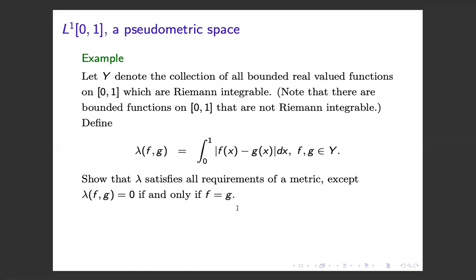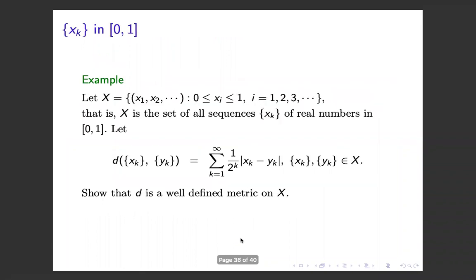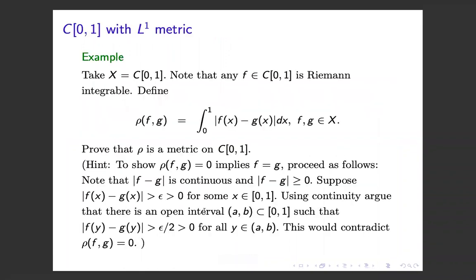That is not satisfied. Of course, one way will be true. If f is equal to f, then of course lambda(f, f) is 0. But lambda(f, g) equal to 0 implies f equal to g, you cannot conclude. For that, look at the proof, the hint I had given, carefully.